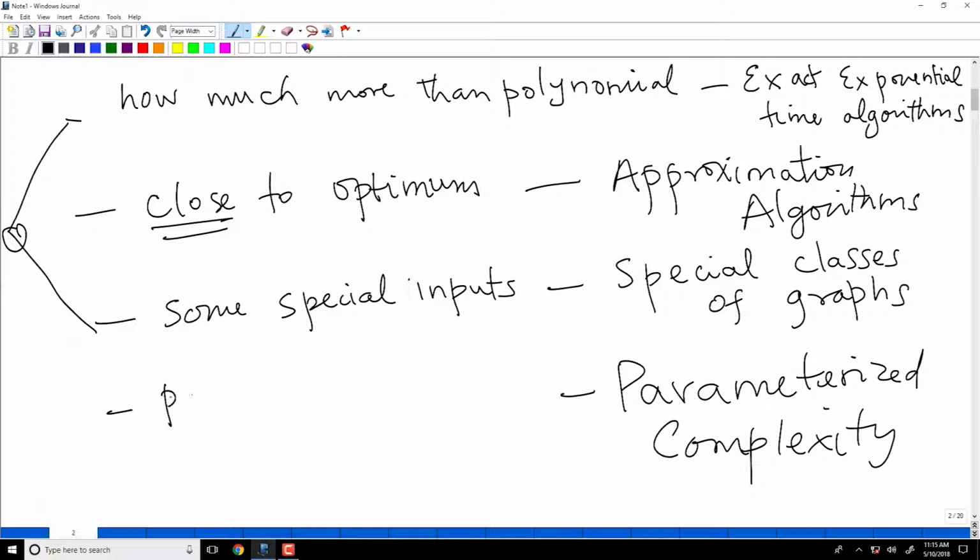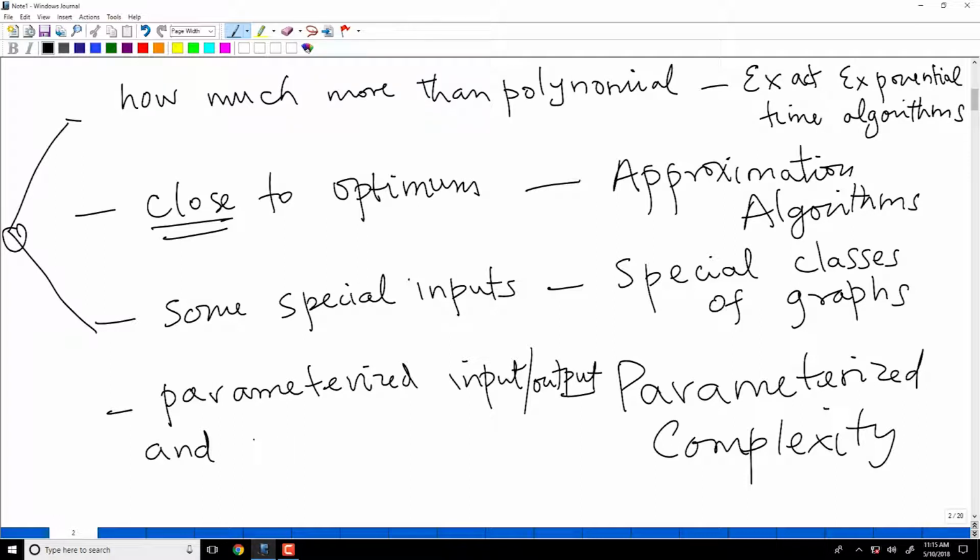Can I smoothen things in between and capture that by some parameter? So, parameterize either the input or output and design algorithms that are only exponential in the parameter.